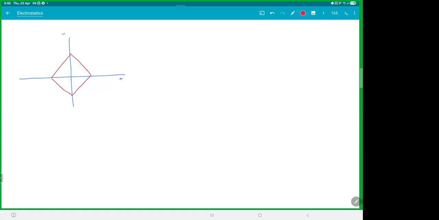So field lines will go from positive to negative, like this. These are field lines. This is how the field lines will look.